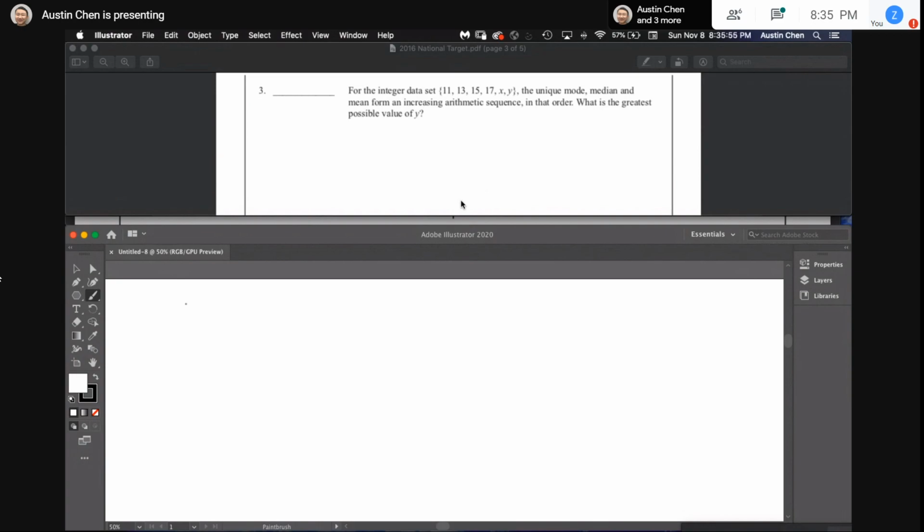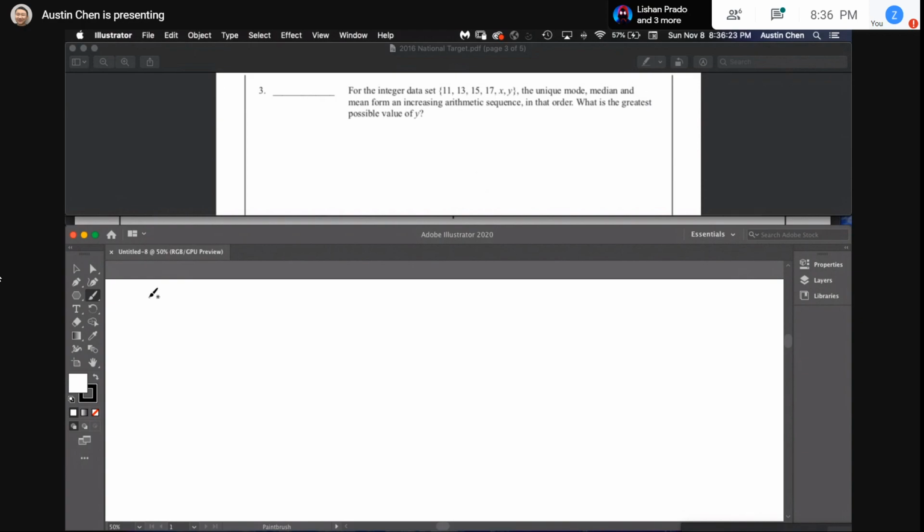Now we can get a smaller mode, like 9 for instance, but then we would have to set x and y both equal to 9, and that would be bad because y is a really small number. So we don't want to do that.